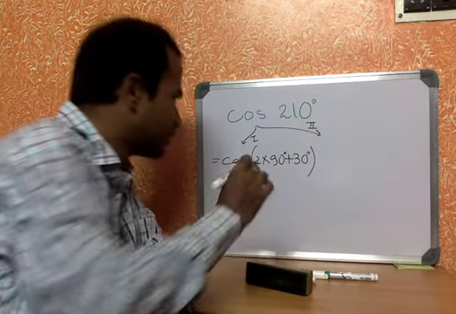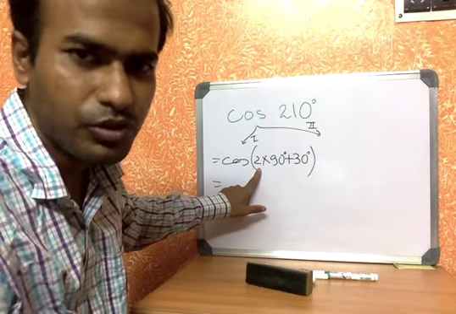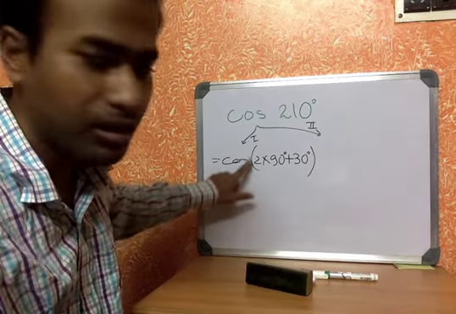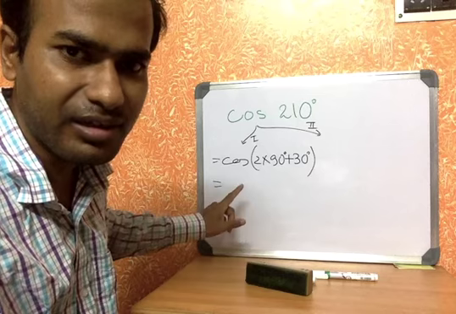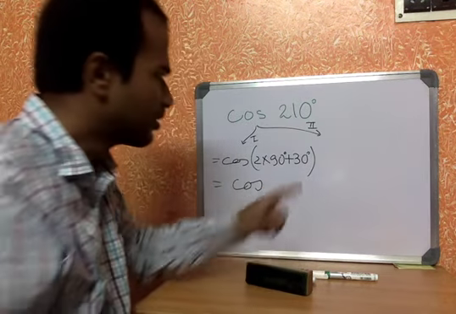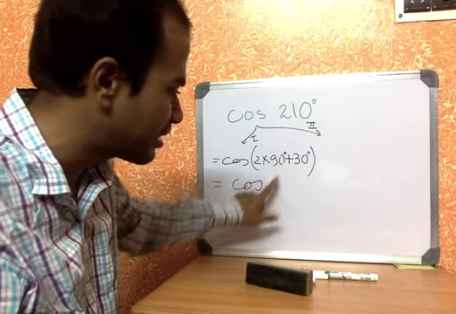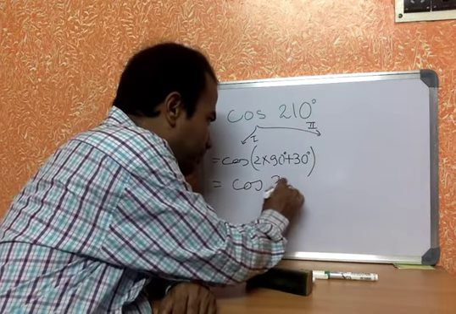Now, here 90 is multiplied by 2, so whatever the trigonometric ratio is, it will remain intact, no change. Whether it is plus 30 or minus 30, plus theta or minus theta, here it will be plus theta only.